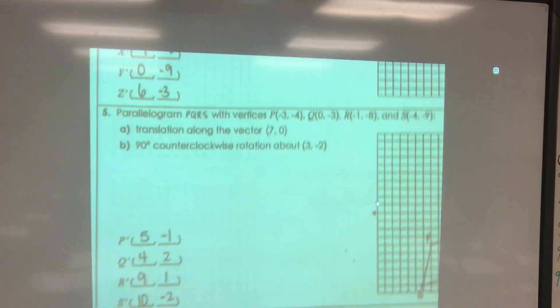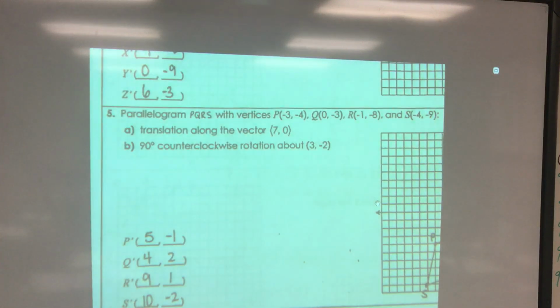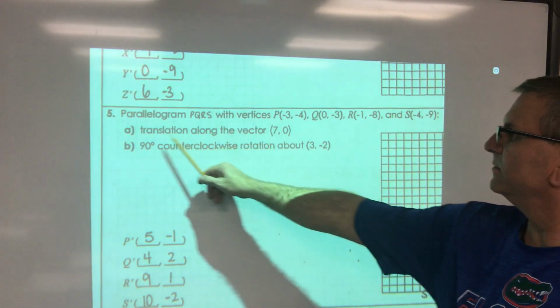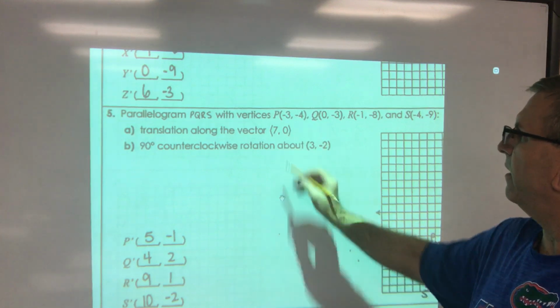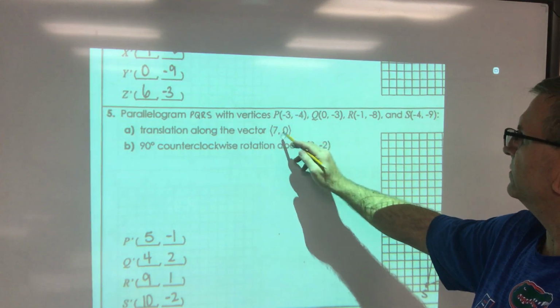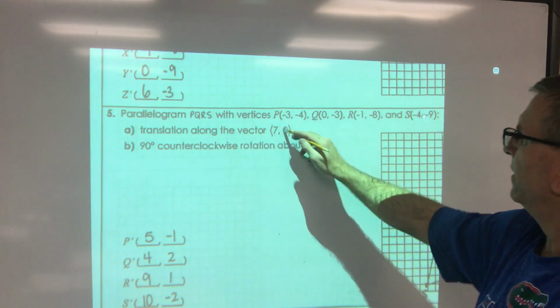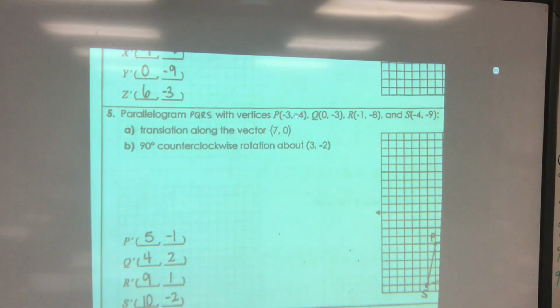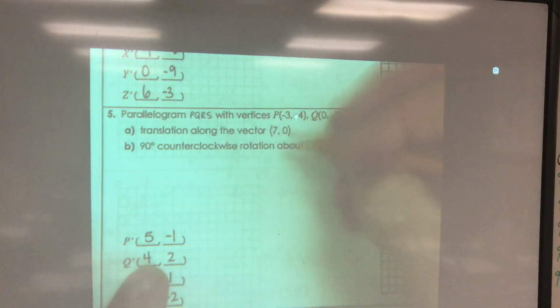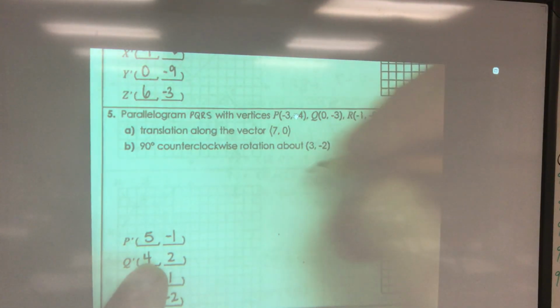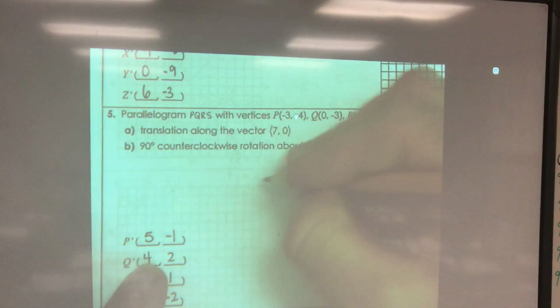Okay, so I have to translate along this vector. Again, all this vector is doing is we're just combining these with each one. So on number 5, homework 7, I add 7 to -3, and I get 4.